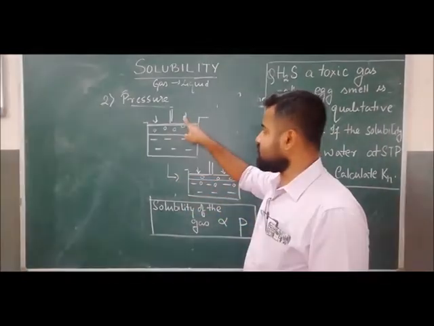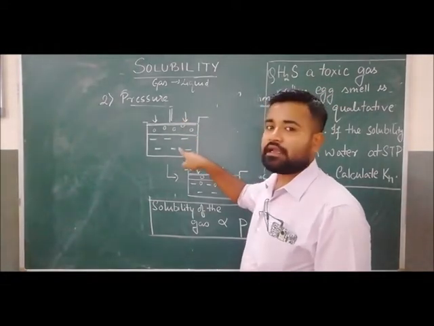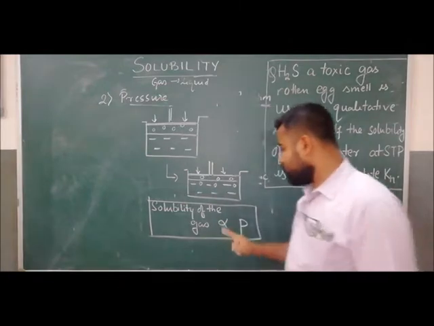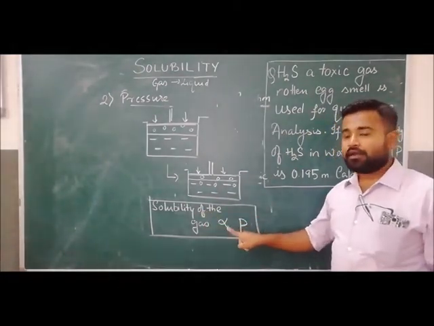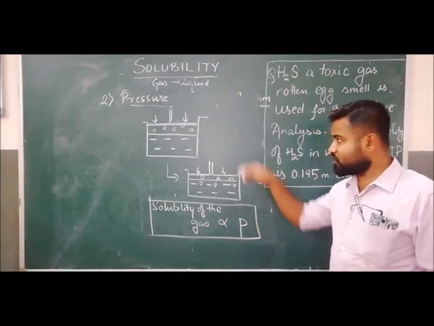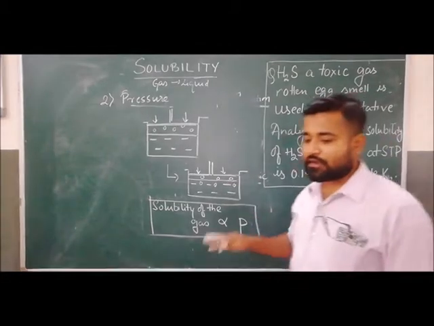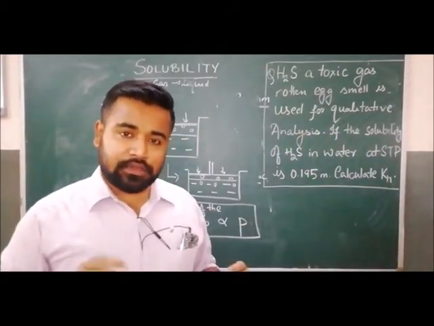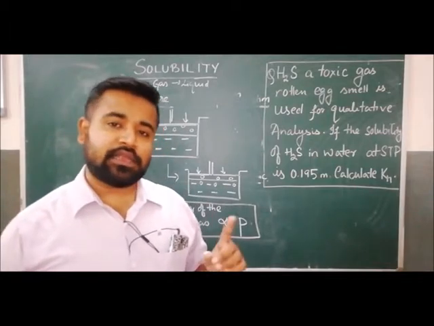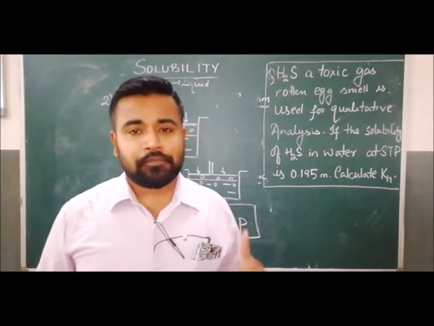It means with the increase of pressure, the solubility of the gas in the liquid increases. So this is the second factor, pressure. The dissolution of gas in liquid is inversely proportional to temperature but directly proportional to pressure.